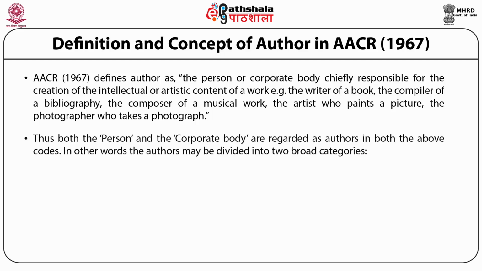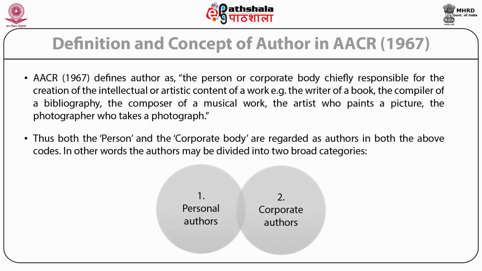Thus, both the person and the corporate body are regarded as authors in both of the above codes. In other words, the authors may be divided into two broad categories. First is personal author, second is corporate authors.